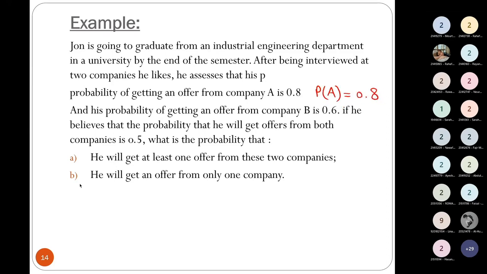And the probability of getting an offer from company B is the probability of B equals 0.6. If he believes that the probability that he will get offers from both, A and B, the intersection, equals 0.5.